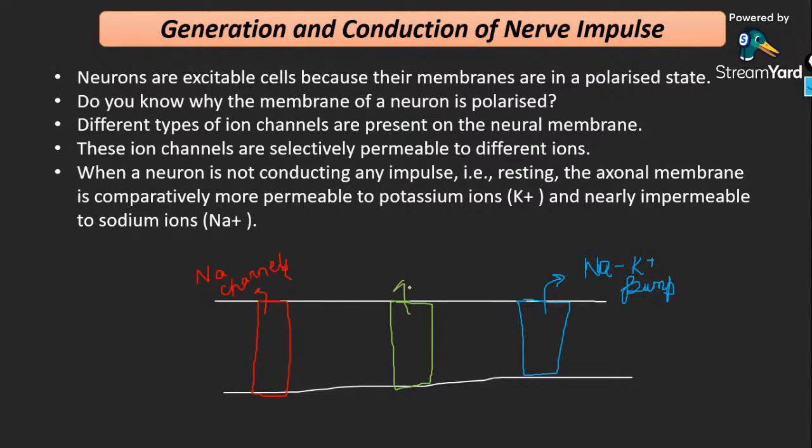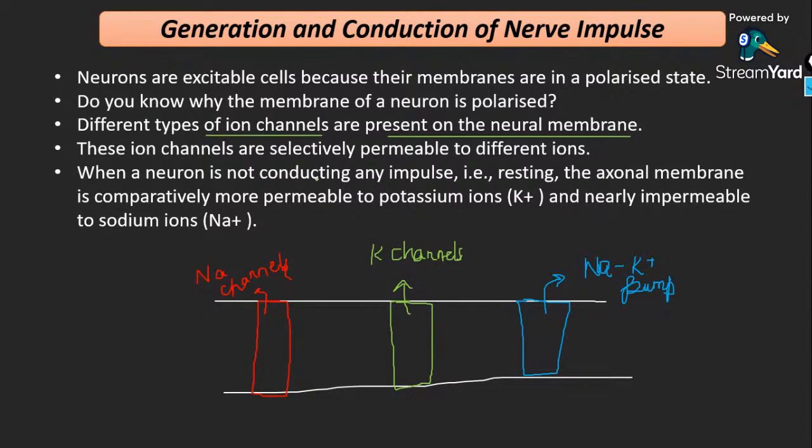And this is the potassium channel. These three are the major ion channels present on the neural membrane. They are the sodium channel, the potassium channel, and the sodium potassium pump.